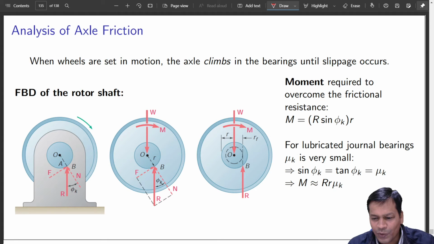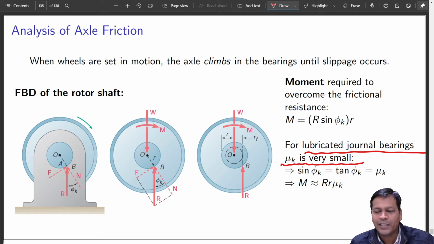Anyway, this is a lubricated journal bearing. Mu k is very small, so you can ignore this angle, and that becomes equal to mu k. So sine theta is nearly equal to tan theta.